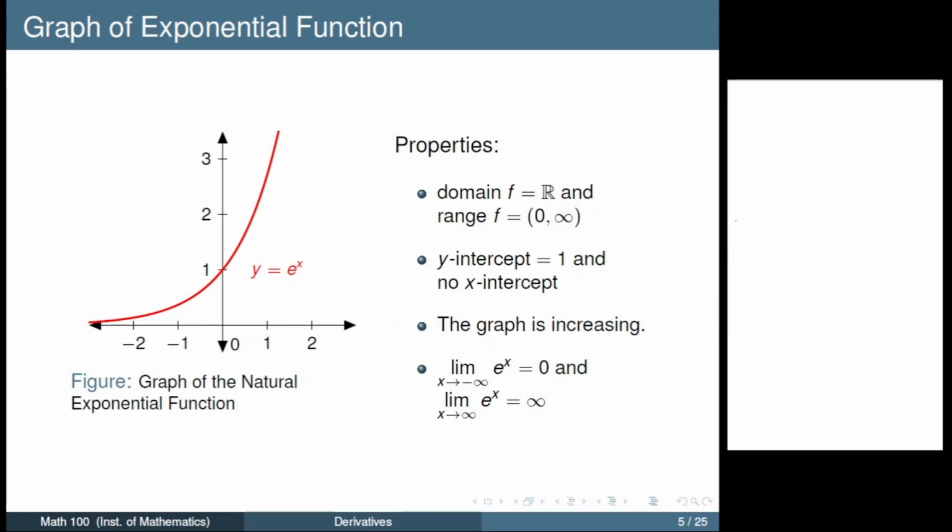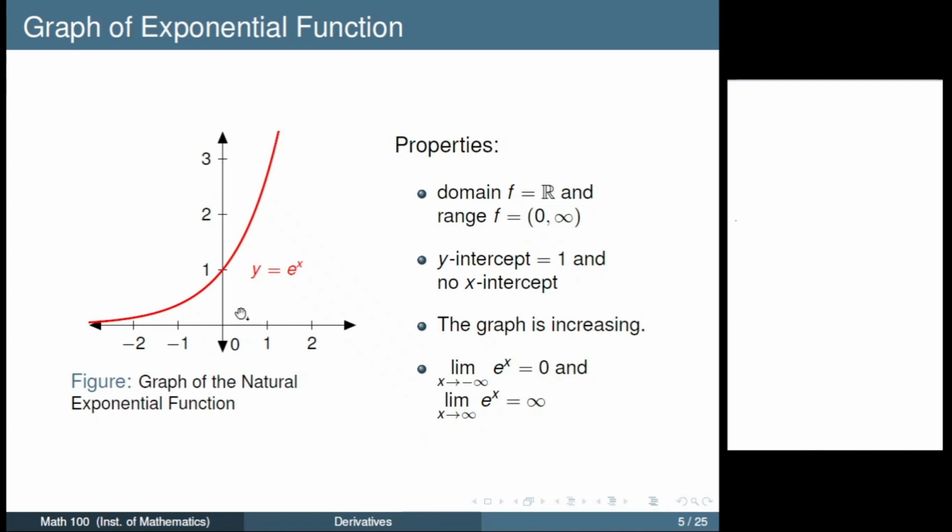Tingnan naman natin yung limits. So, makikita natin, as x approaches negative infinity, that means papunta siya sa left without bound. And asymptotic siya dito sa ating x-axis. Or this is the line y equals 0. Hence, the limit as x approaches negative infinity of e to the x is just equal to 0.